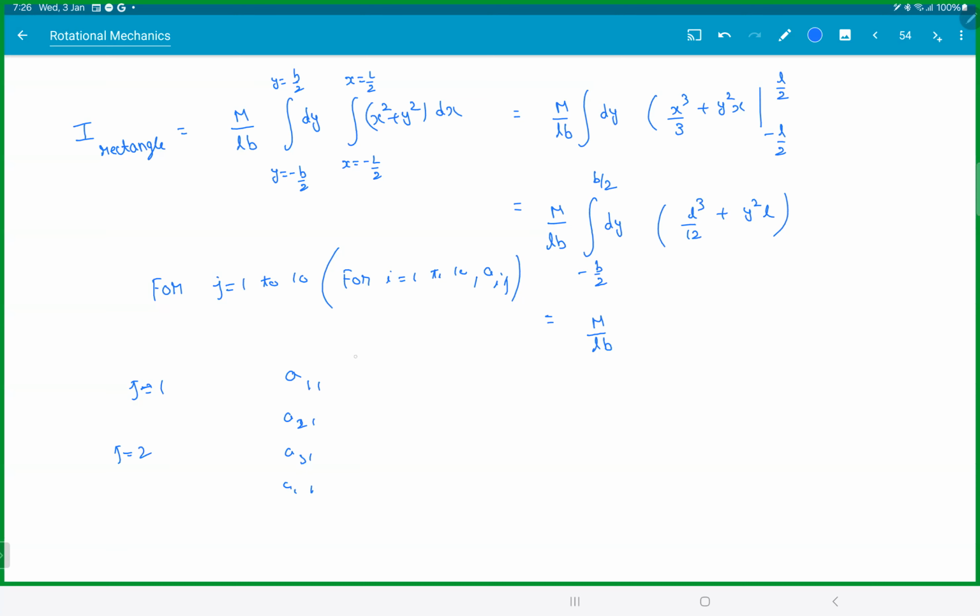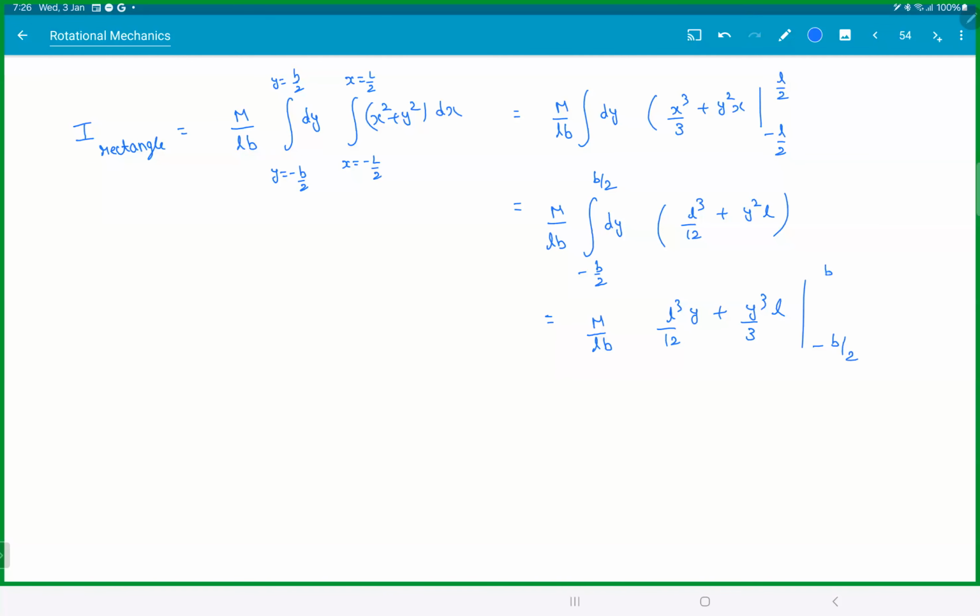Then you put j is equal to 2, then again change i ka value. Isn't that what happens in a nested loop? Put j=1, change i from 1 to 10, put j=2, put i from 1 to 10 and so on. So double integration is something similar, it's like a nested loop in computer programming. This is m by lb and this will be l cube by 12, अभी y आएगा, plus y cube by 3 into l, limits will go from minus b by 2 to b by 2.